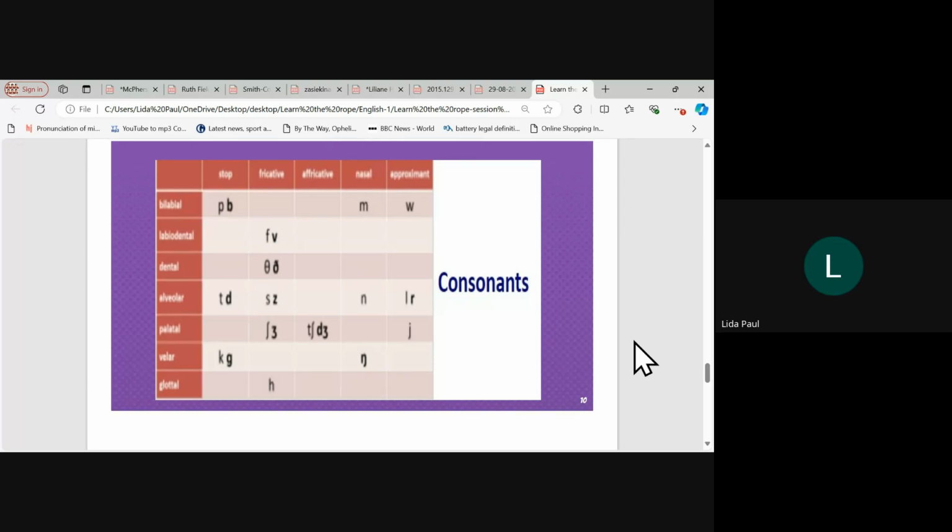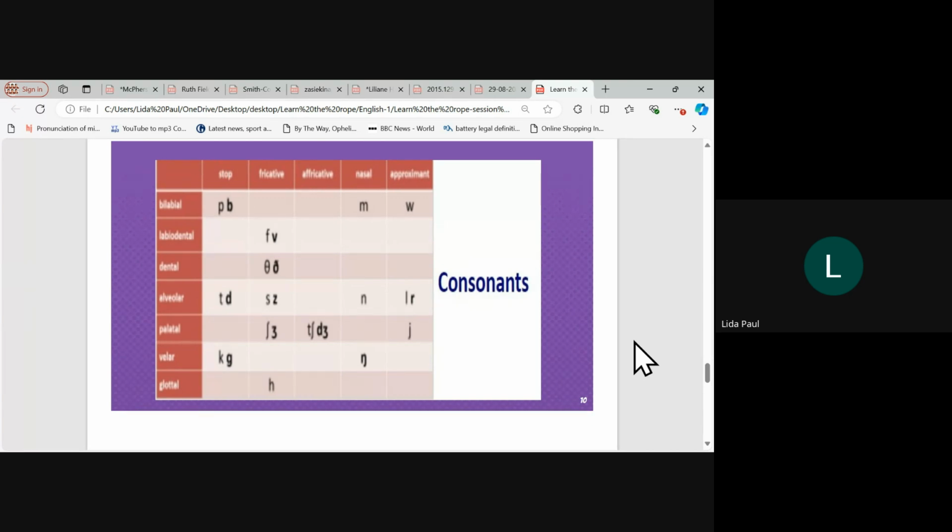So put together 44 sounds. I haven't counted if they're 24, but let's take it on trust that it's 24. This is how you can represent the distinctness of all the English consonant sounds, right?